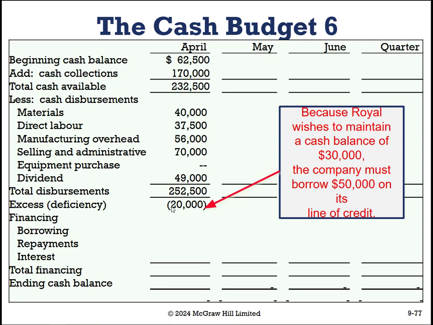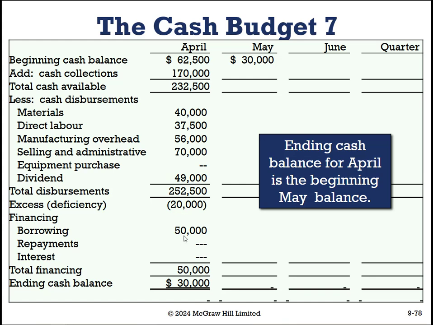Okay, so we now do the math that I just did. You have a deficiency of not only 20,000, but because Royal wishes to maintain a cash balance of 30,000, they must borrow 50,000 on its line of credit. So the 20 plus 30 that they need. Again, WTF dividend going on. They must borrow 50,000 to get up to a cash balance of 30,000.